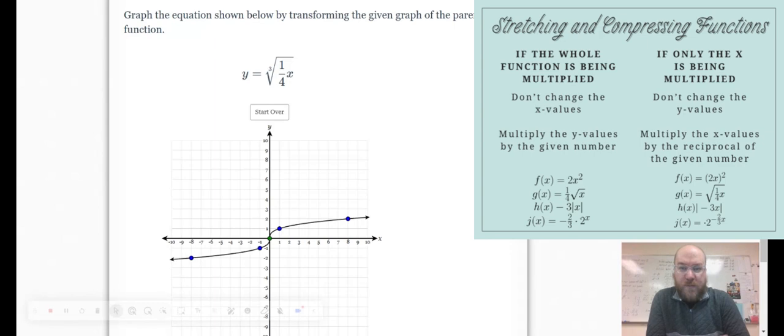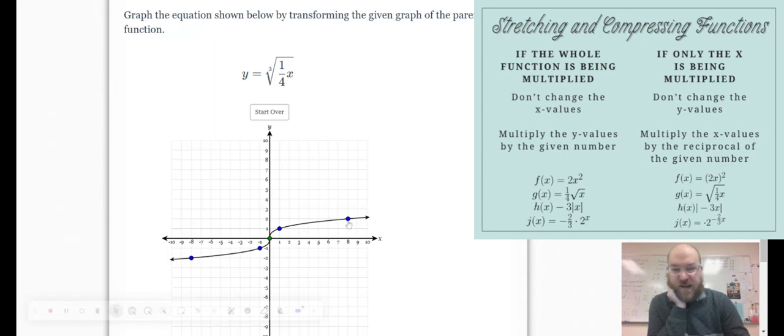If you are only multiplying the x value, don't change the y's, leave the y's alone, and multiply all the x's by the reciprocal. So the reciprocal, remember, is the upside down version of the number. So if in this question 1/4 is what we're multiplying by, we're going to take the reciprocal of that, which is 4. We're going to multiply all the x values by 4.